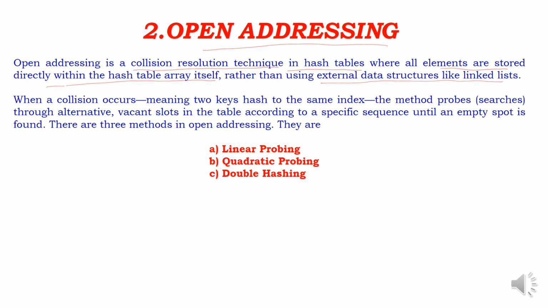In the previous case, in chaining, we are creating a new node and adding that node at the required or specified location. Suppose the bucket is 1, the new node is added to bucket 1. Suppose again you wanted to add one more node. Node is created, extra storage space is allocated, and it is added to the already existing linked list.